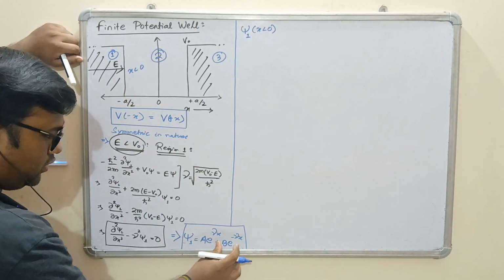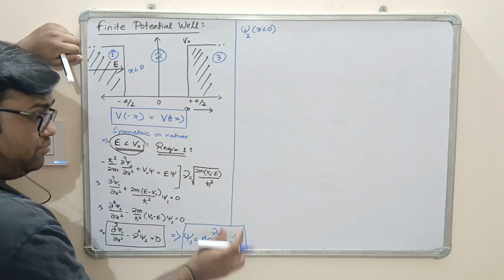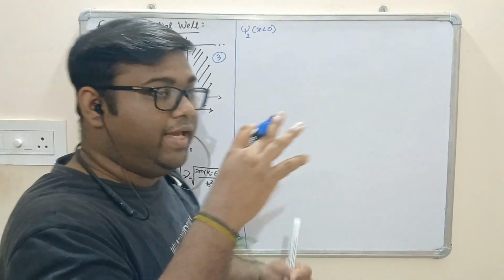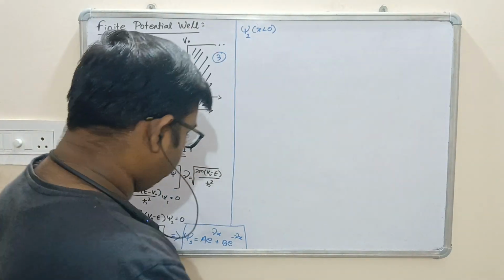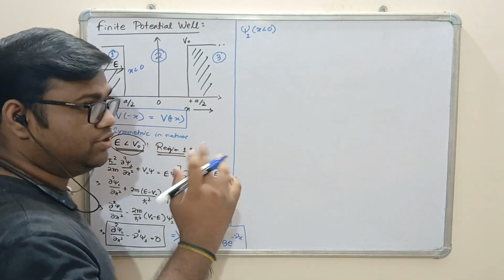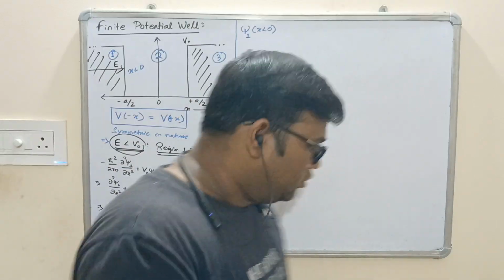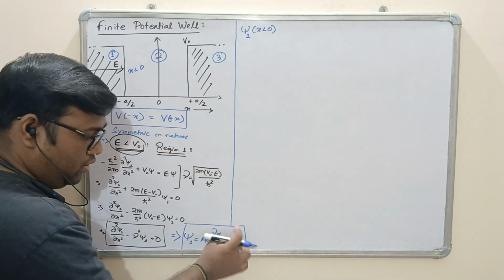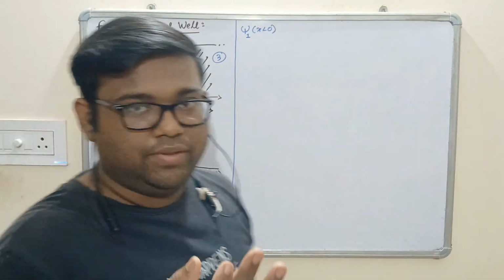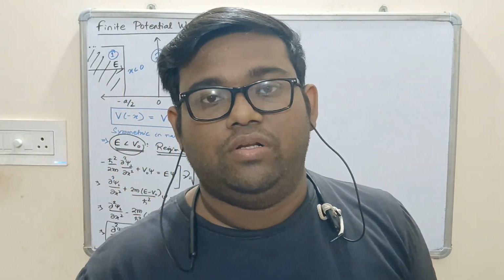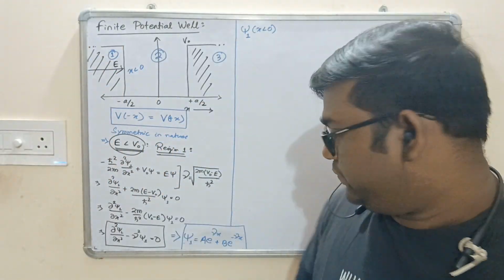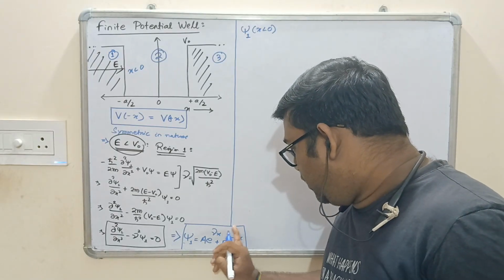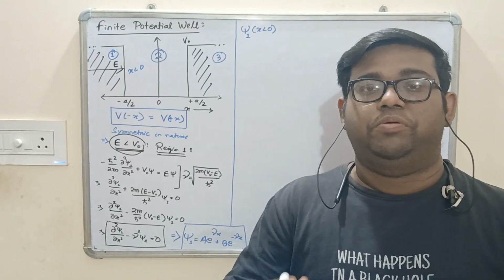You can see this term diverges when x tends to infinity, because if you put minus x in this point, this whole minus nu x will become plus nu x, and x tends to infinity. So this condition doesn't suit our purpose.